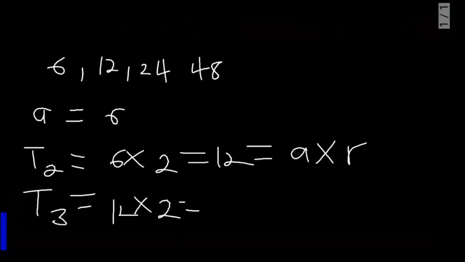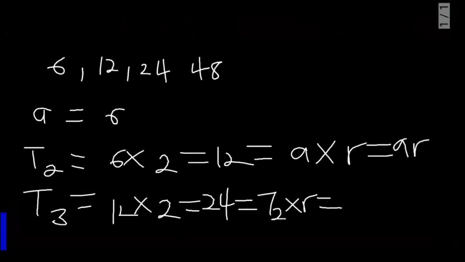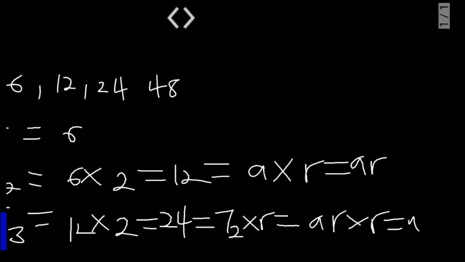This is 24, so this is the second term multiplied by r. Don't forget our second term is now Ar, so we can just substitute that here. So we have Ar multiplied by r. Now we have Ar squared.